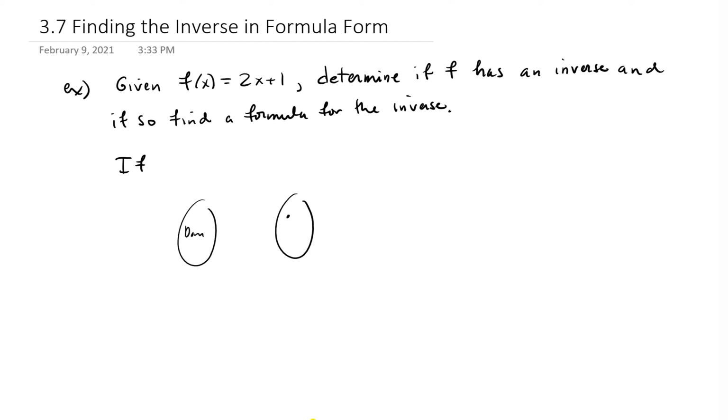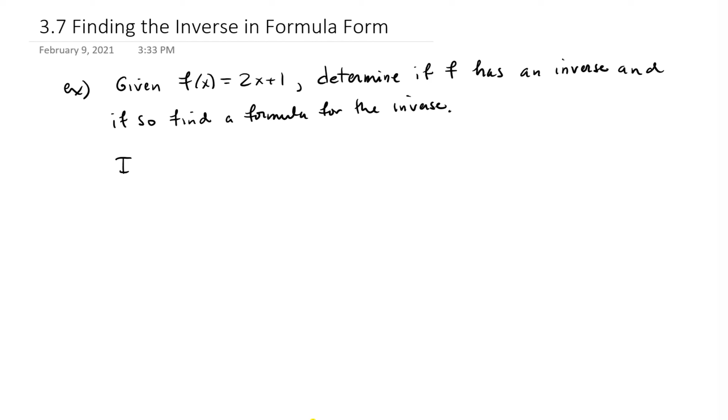But when it's 1-to-1, you always have one arrow arriving to a unique place on the other side. This way you can revert the sign of the arrows and create a new function, which is going to be your inverse function, where the domain of the inverse is going to be the range of the initial one. So we have to determine if it's 1-to-1.